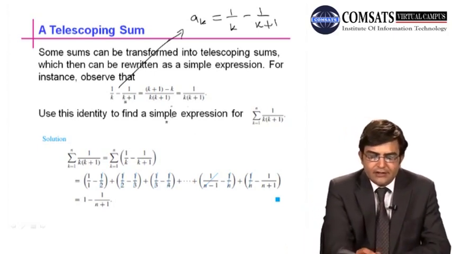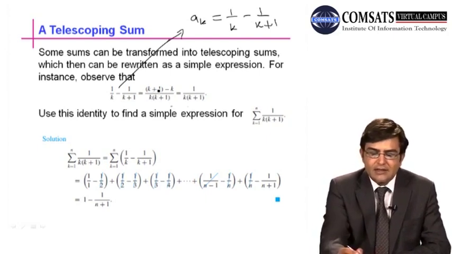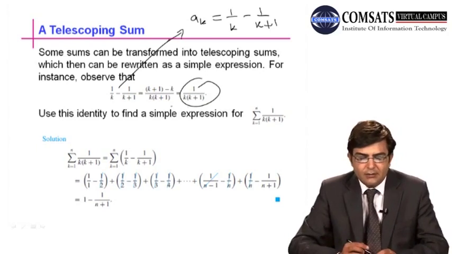If we take the LCM, k into k plus 1, then we get k plus 1 minus k, and we obtain 1 over k into k plus 1.